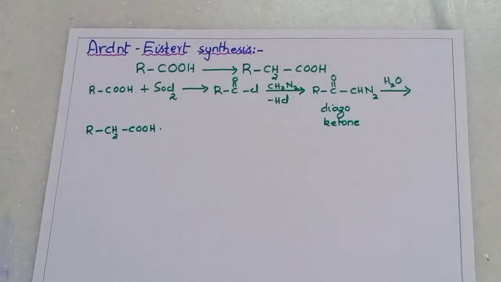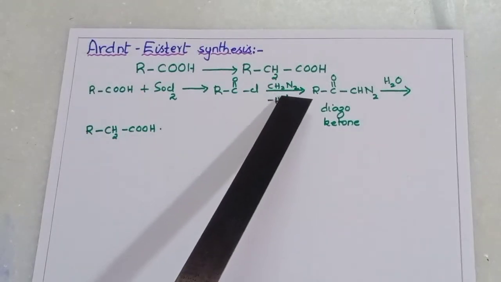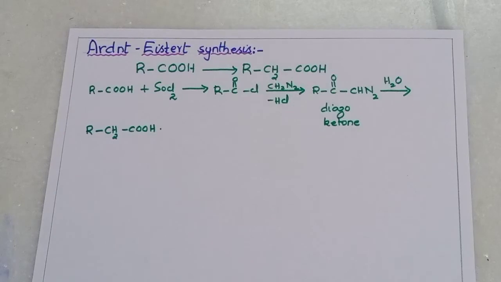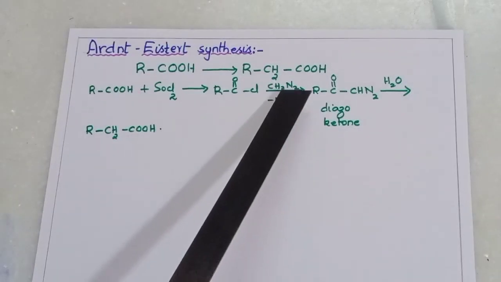Now when this acid halide is treated with diazomethane, CH2N2, look here on the arrow I have written CH2N2, which is called diazomethane. CH4 is methane; two hydrogens are replaced by N2, hence we call it diazomethane.